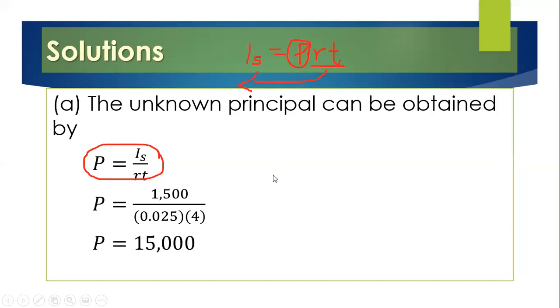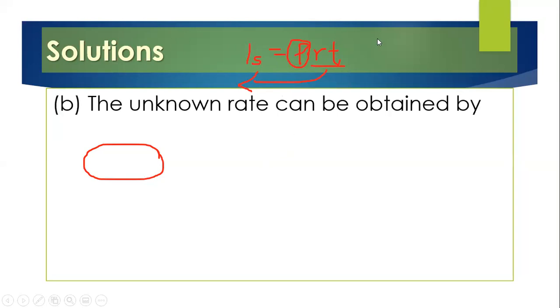Okay? So, for the second row or letter B, ang unknown naman ay yung rate. No? So, yung rate naman, ganun pa rin, manipulation of the original formula, which is I sub S is equal to PRT. Okay? So, yung R naman yung ihihiwalay natin. Ganun pa rin po. I sub S yung nasa numerator. And then, yung dalawa pang given ay nasa baba na.